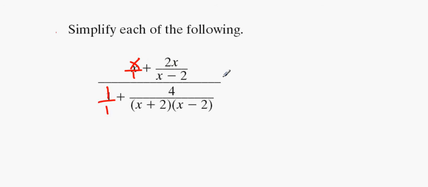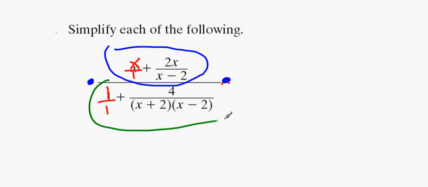Now when you're adding fractions together, this is what's called the original line, okay? So we're just going to leave this here and we're going to treat it like two separate questions. The top question in blue and the bottom question in green, okay? So there's two different questions here.